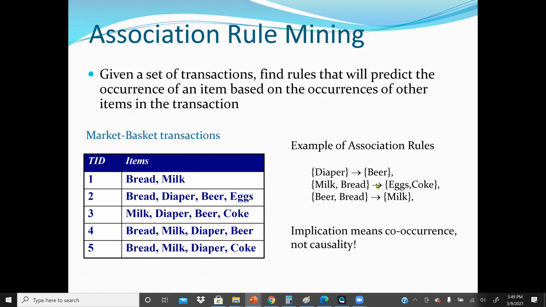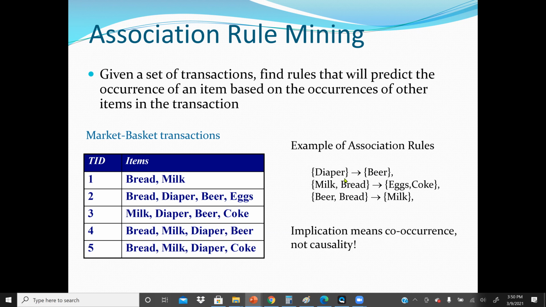Normally, this is an implication. So on our left side, the diaper is called the antecedent. And on the right side, it's called the consequent. And the arrow to the right means implication. So here we say implication means co-occurrence. They occur together, but it is not causality.